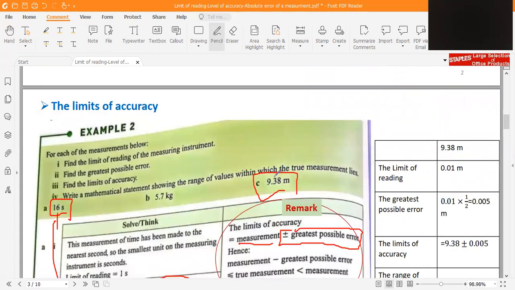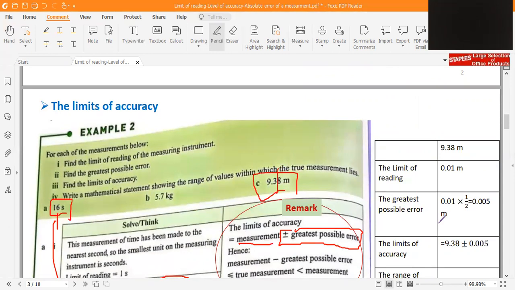So first we search for the last significant figure, which is located in the second decimal place. So for us, 0.01 is the limit of reading. So half of it is equal to 0.005 meter.